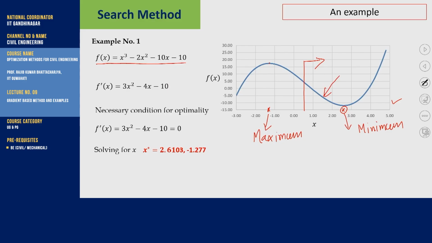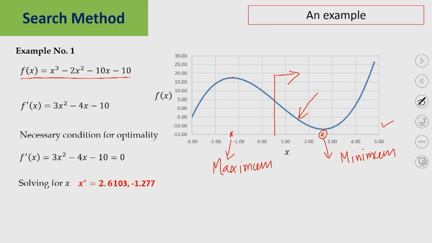Similarly, if I say this function between 0 and minus 3, that is also a unimodal function. Whatever methods we have discussed are for a unimodal function, that means there is only one optimal solution.